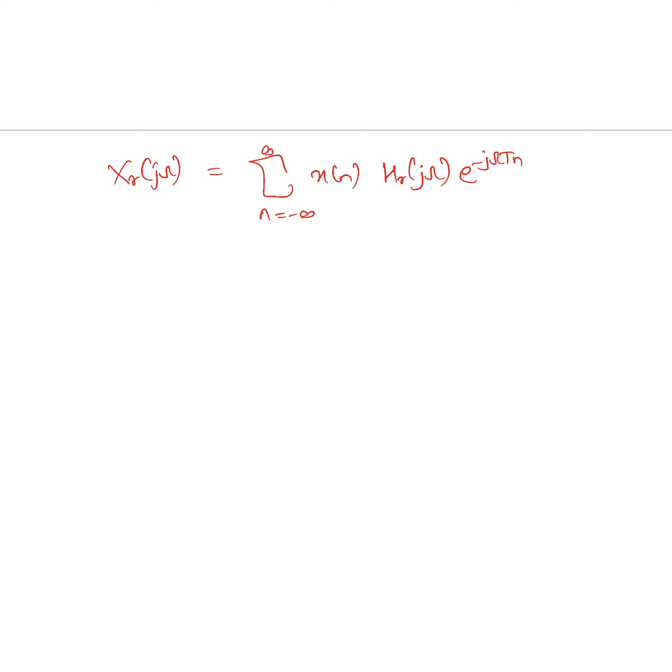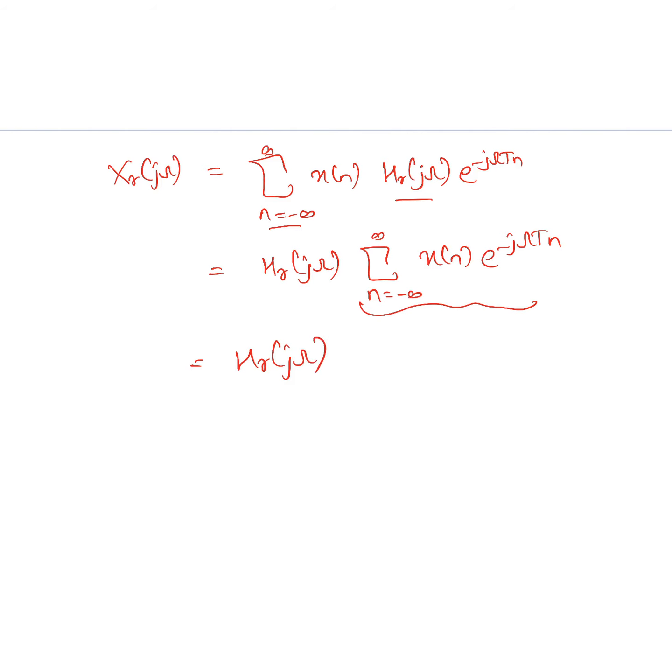This we had seen many times in the previous classes, so you can directly write this by taking the Fourier transform of that signal. Since we are taking the summation over n, the H_r of j omega part can come outside of the summation, and the remaining sum is nothing but the Fourier transform of x[n] e to the power minus j omega nT.